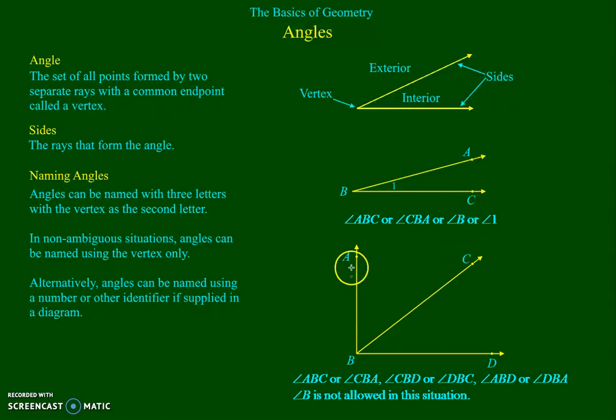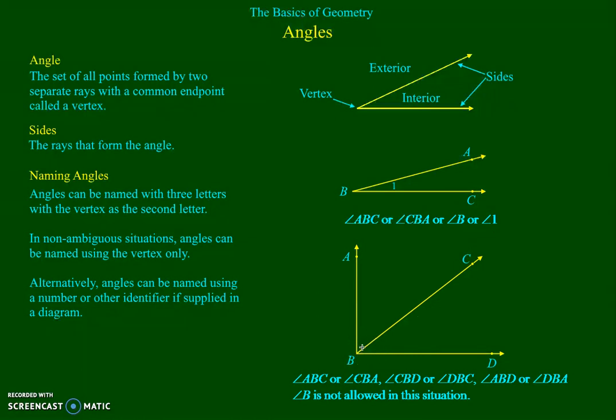Now contrast that with this picture. In this case, this vertex is the culmination of multiple angles. You have this angle, you have this angle, and this big angle, all joining with a common vertex of B. So it would be inappropriate to use angle B for anything in this picture, because angle B would be ambiguous.